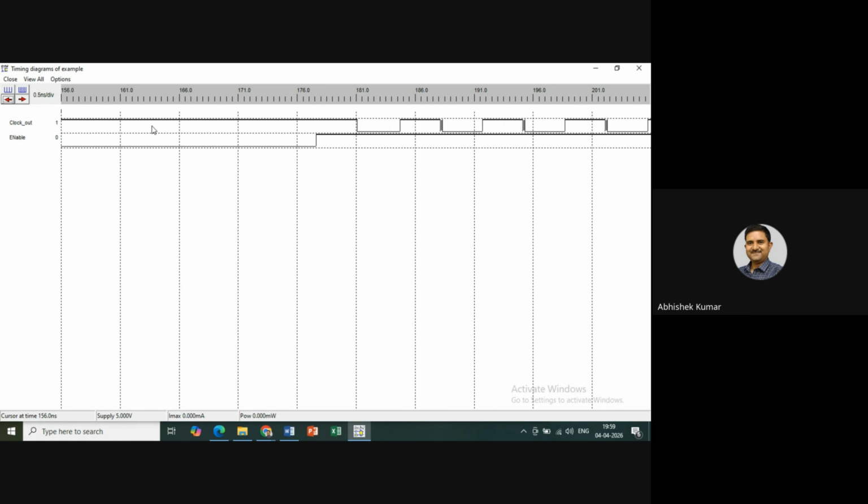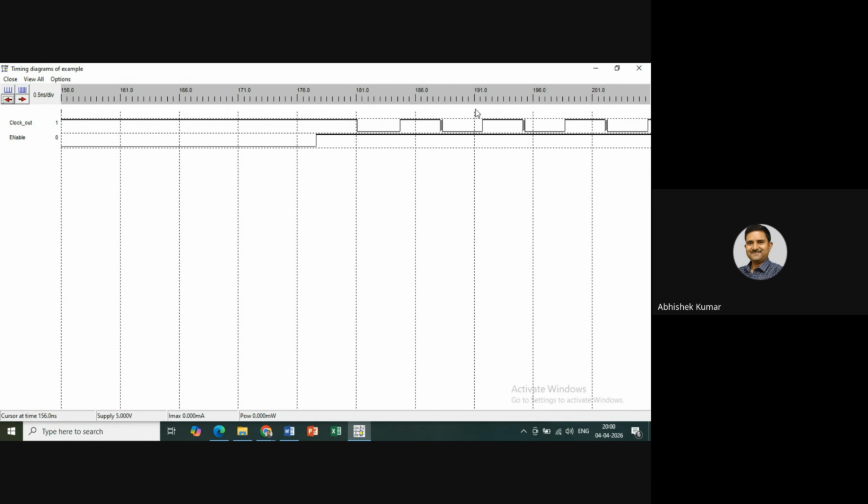So here, let me take some better values. Suppose it was starting from 181 and going to end around 188.5. In total we have 10 divisions. The division is 0.5 nanosecond per division. So how many divisions am I going to take? 1, 2, 3, 4, 5. 0.5 into 5 is 2.5.